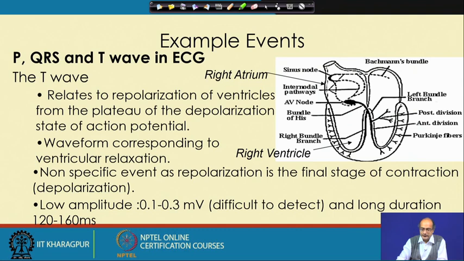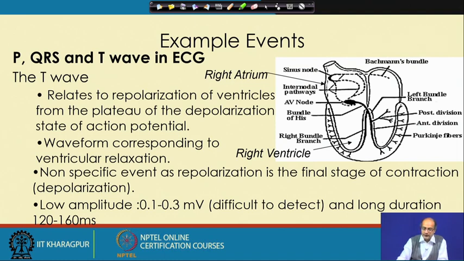That relaxation means the pressure inside the ventricles will come down, and because of that the valves which were allowing the flow of the blood from the ventricle to the arteries will get closed down, and the blood supply from the ventricle will be cut off.